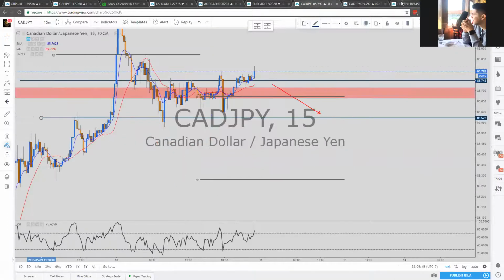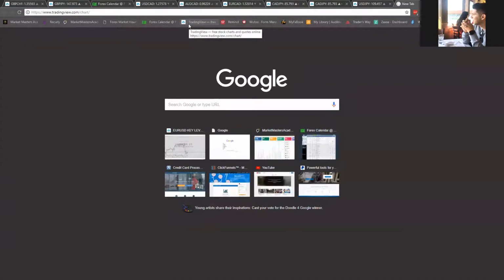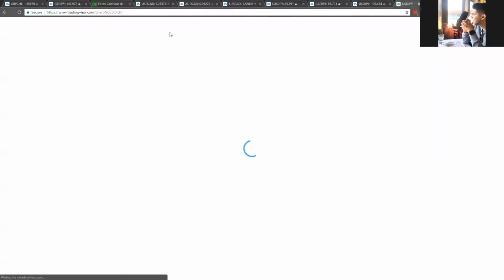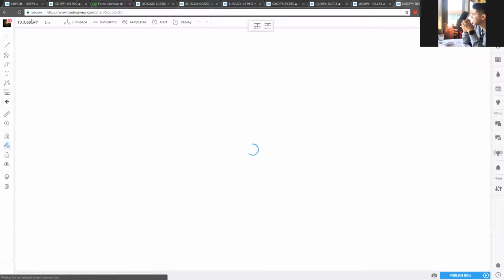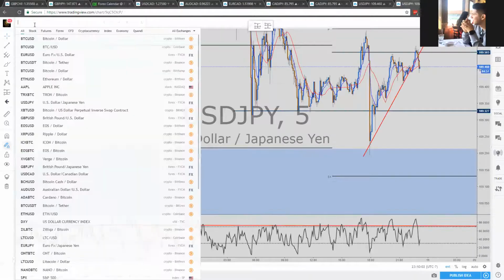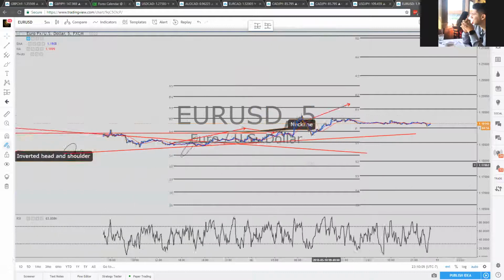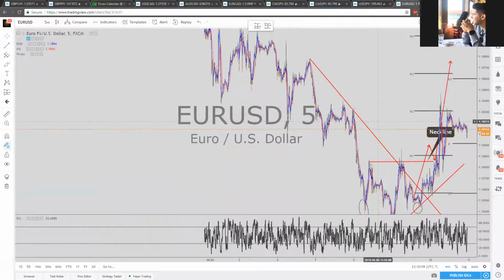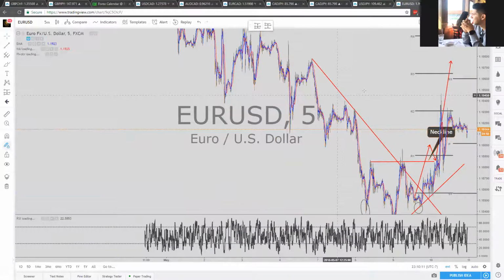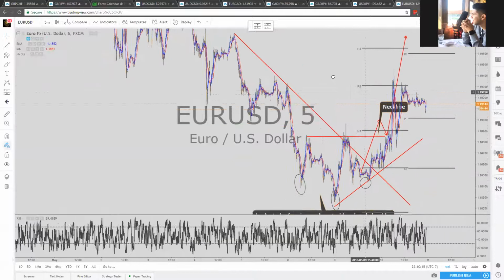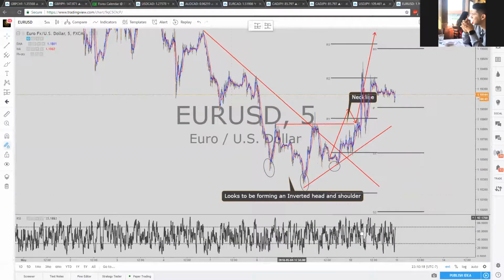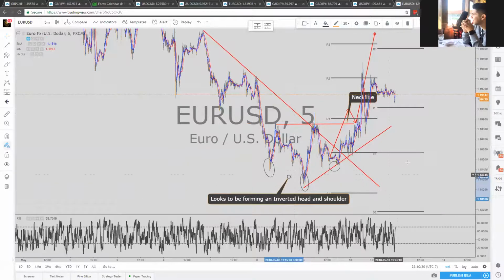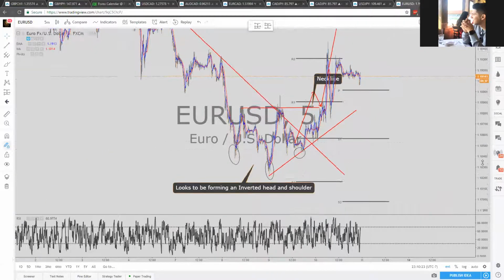All right. Let's look at Euro USD right now. If you guys saw that analysis that I posted yesterday, I had put this comment here, looks to be forming an inverted head and shoulder, which it did do that.